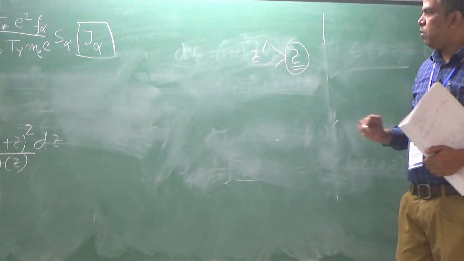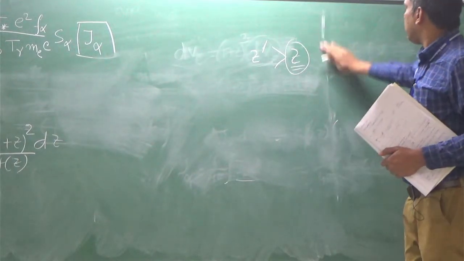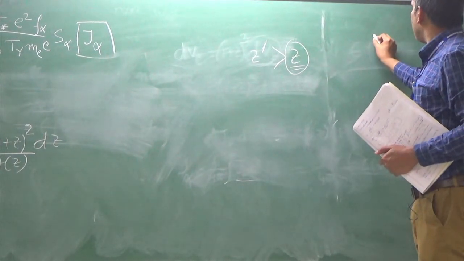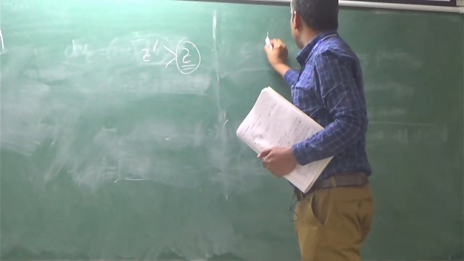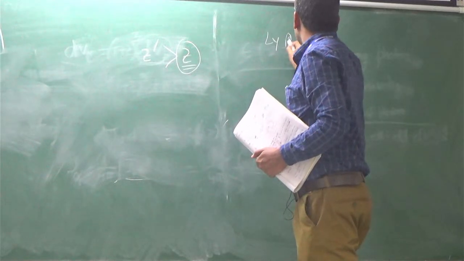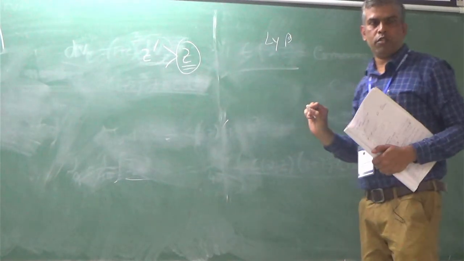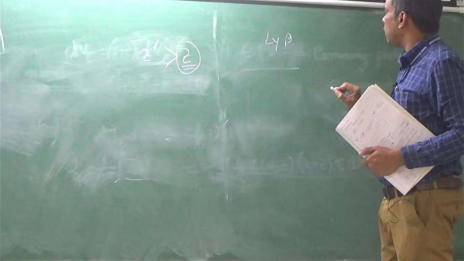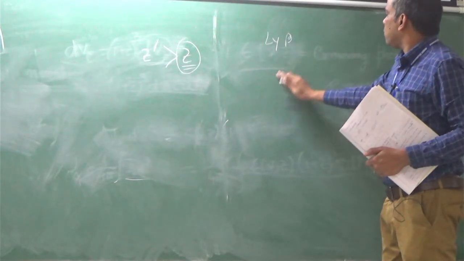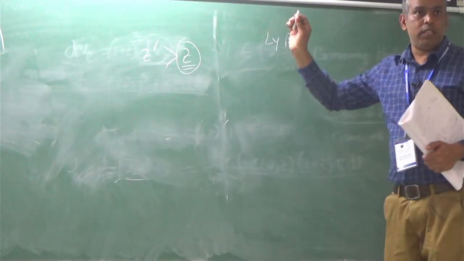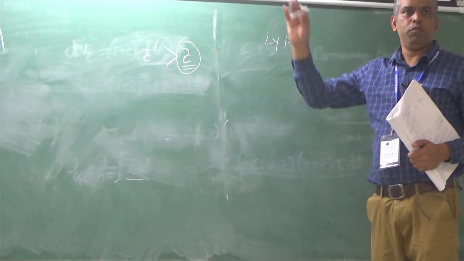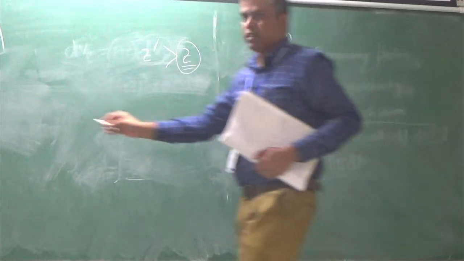Okay. Now, let's say you consider photons very close to Lyman beta. So we can calculate the maximum redshift that we should consider in this integration.